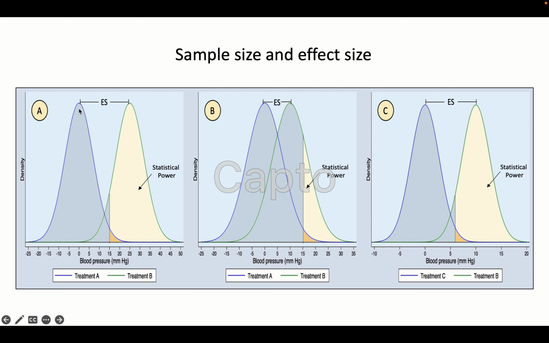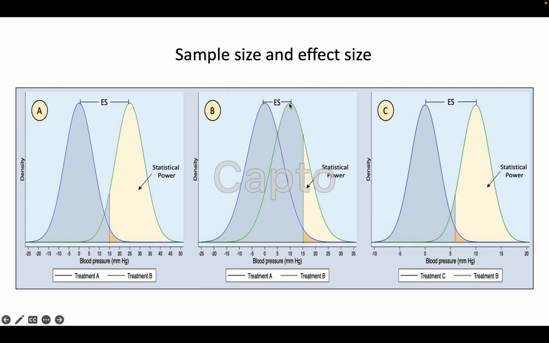Imagine that this is the effect size that you are expecting between this population and this population. For a given alpha critical value, the statistical power is given by this area under the curve, which here is represented in yellow.